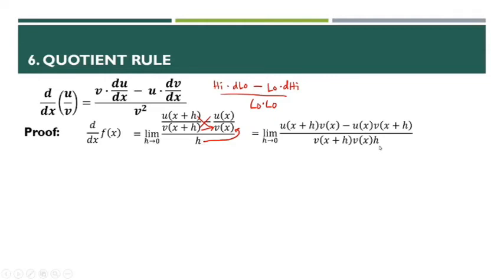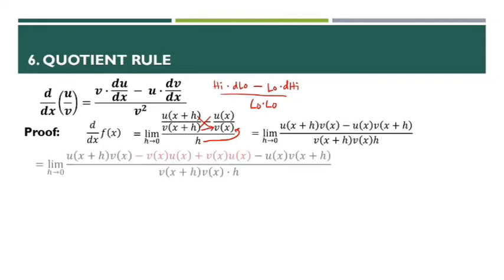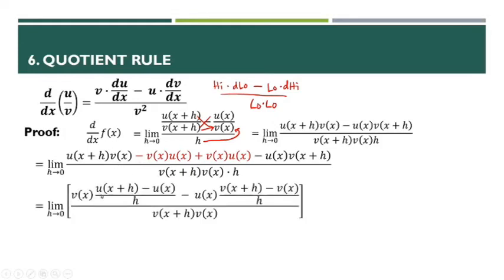Okay. So from here, kagaya ng sa ating product rule, so dun sa numerator, mag-a-add tayo ng terms na equivalent sa 0. So, minus v of x times u of x plus v of x times u of x. So, equivalent ito sa 0, hindi nagbago yung value. But, kagaya ng process sa product, common term dun sa first two terms is v of x. So, we have v of x, matitira u of x plus h minus u of x, minus.